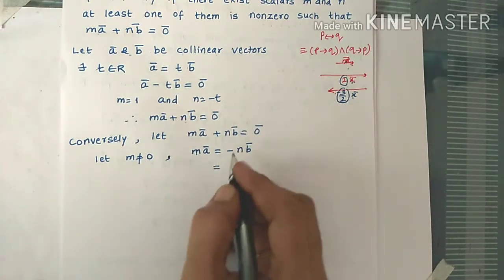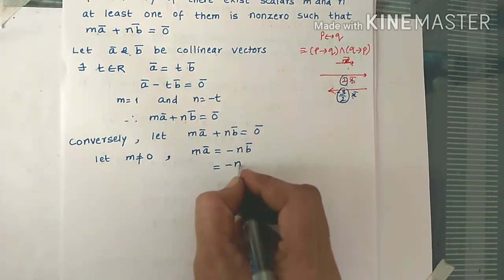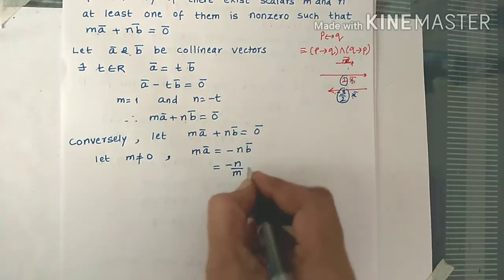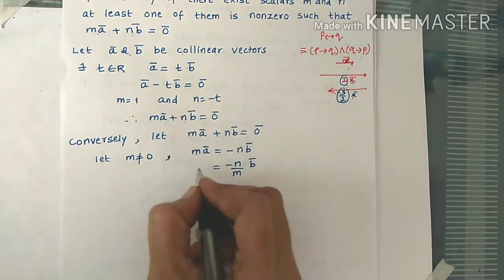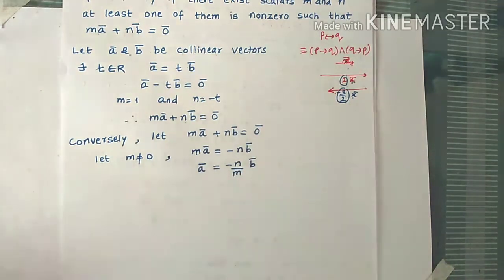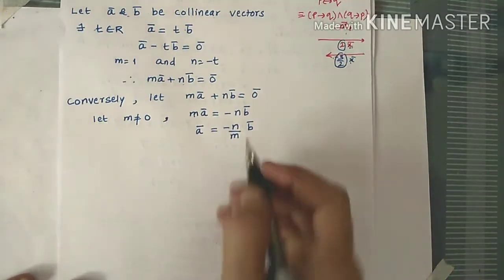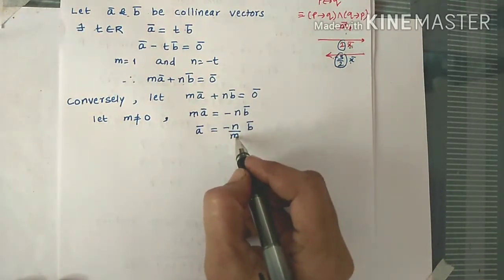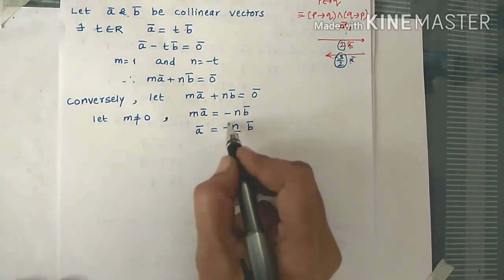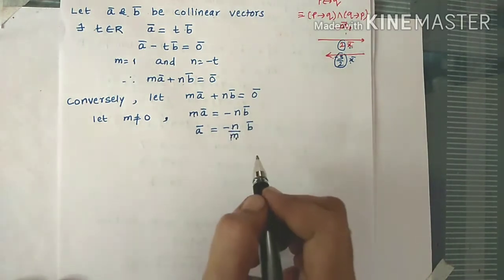So we can divide both sides by m. If a number is non-zero, then only we can divide by it. So dividing by m, we have now a bar is equal to minus n upon m b bar. Now m and n are real numbers, that means scalars. So minus n by m is also a scalar. So now a bar is a scalar multiple of b bar.